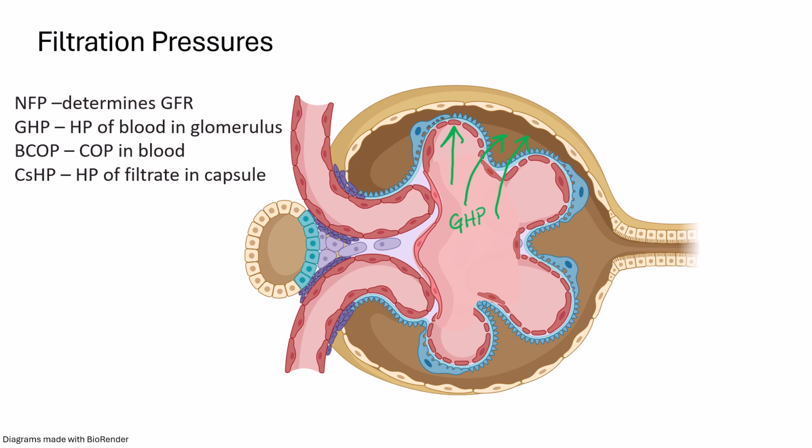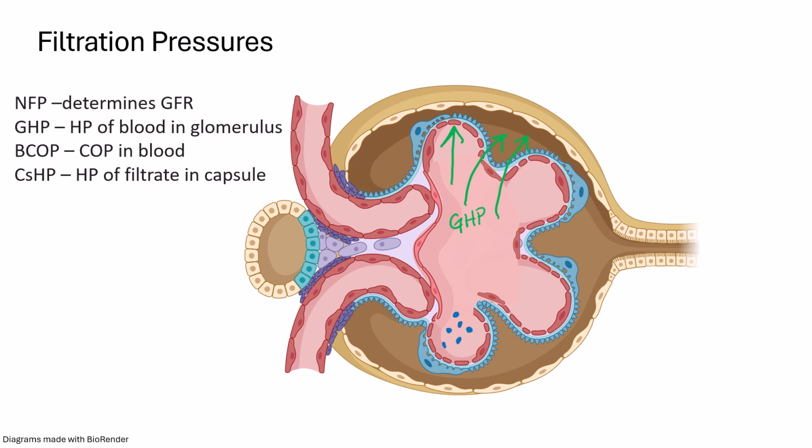On the venule side of a normal capillary bed, the colloid osmotic pressure of the blood would suck fluids from the interstitial space back into the capillary bed. That's not exactly true here in the renal corpuscle. We're not really moving anything, but maybe we're preventing movement. There is a colloid osmotic pressure, or the attractiveness of solutes that are in the blood.